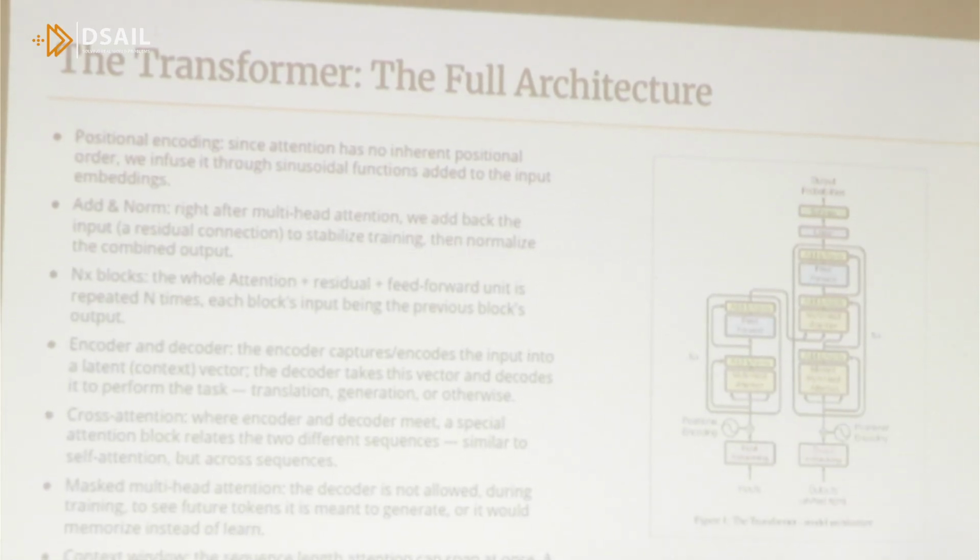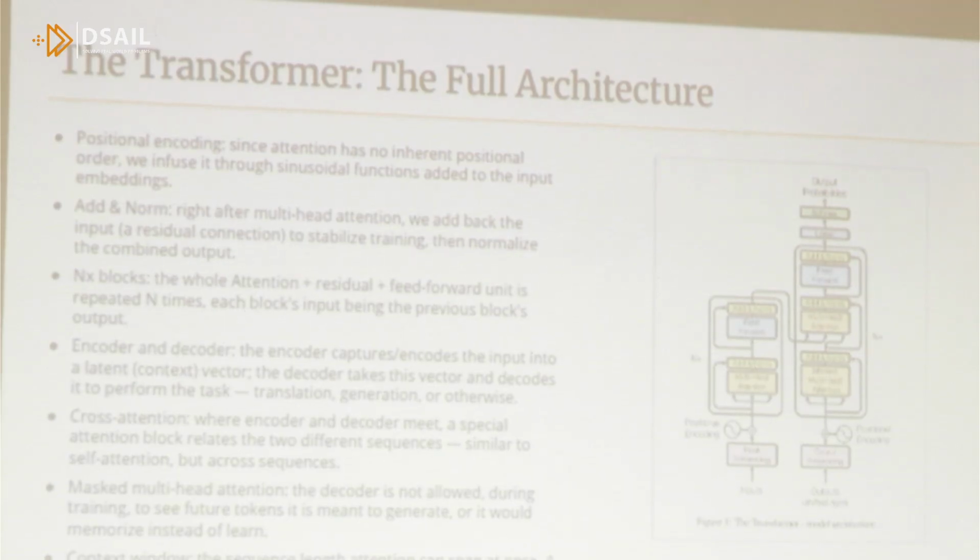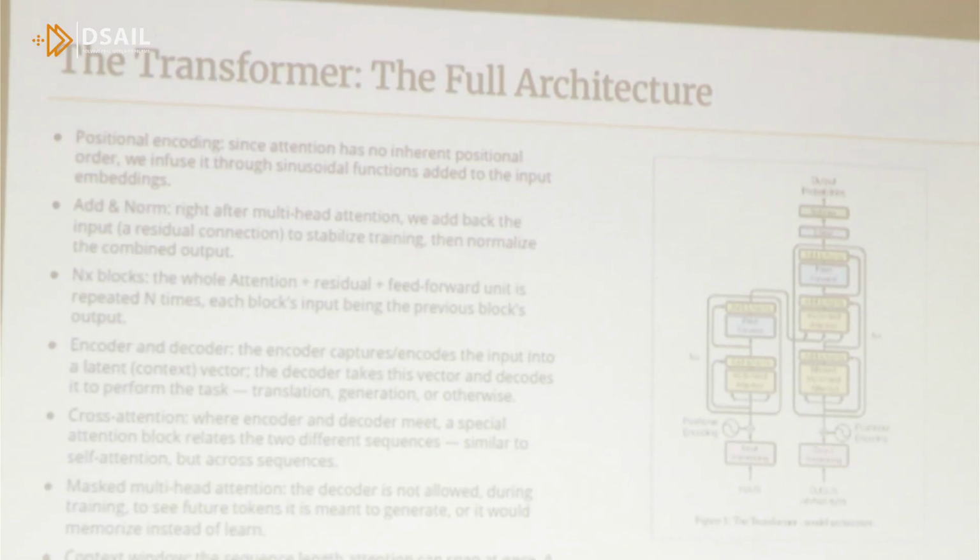Next two things, multi-head, masked multi-head attention. So the work of a decoder essentially is to generate. So for example, when you pass a prompt to ChatGPT, you usually see it generates word for word. So when you're training a decoder, you don't want it to see the future. You want it to learn how to predict the future. So when you're feeding it the sequences, you mask it at each step. So you only reveal previous information.